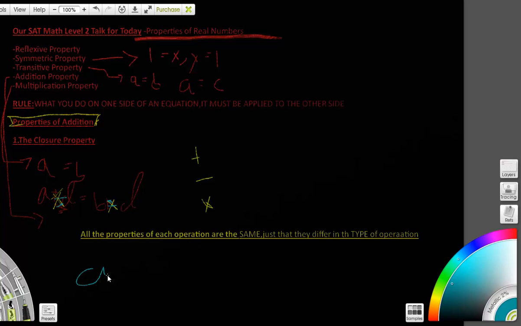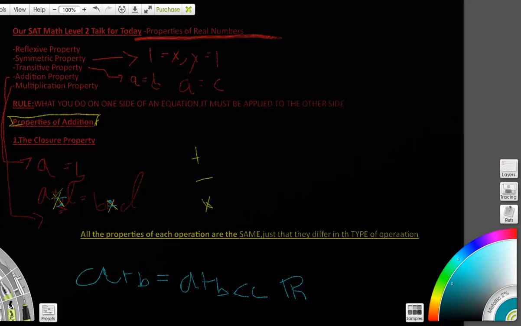So perhaps a plus b wouldn't result in a, and it wouldn't result in b either. It would result in a unique real number, and we denote a real number using this type of R symbol.